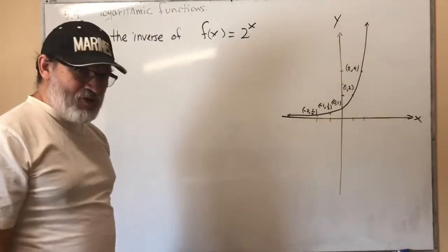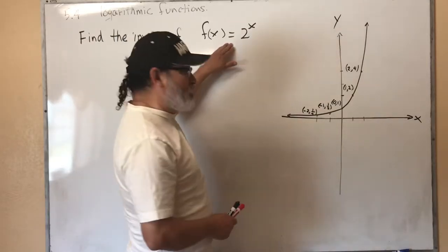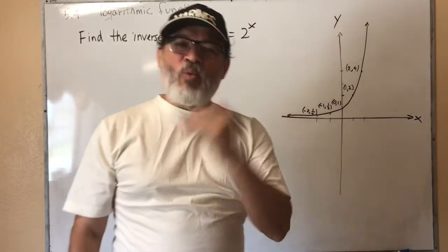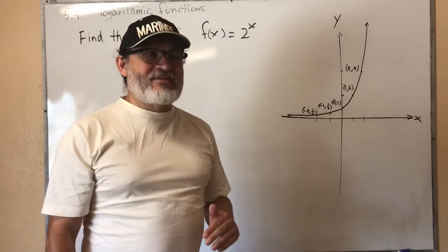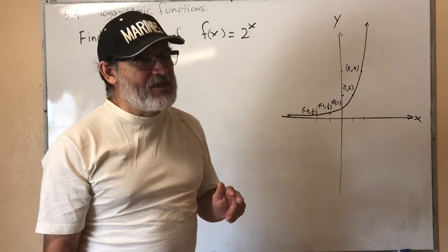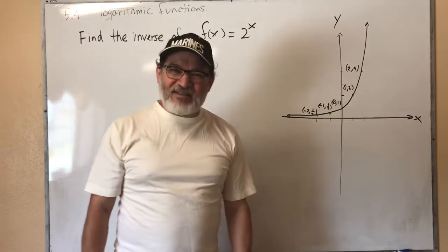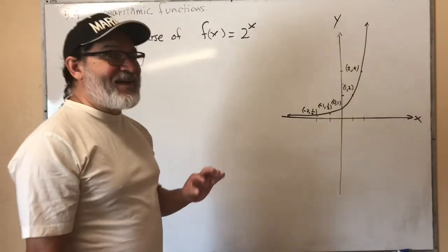By the way, this function is 1-to-1. Why? Well, it passes the horizontal line test. That's why this function is 1-to-1, because it passes the horizontal line test. So it is 1-to-1, it is invertible.